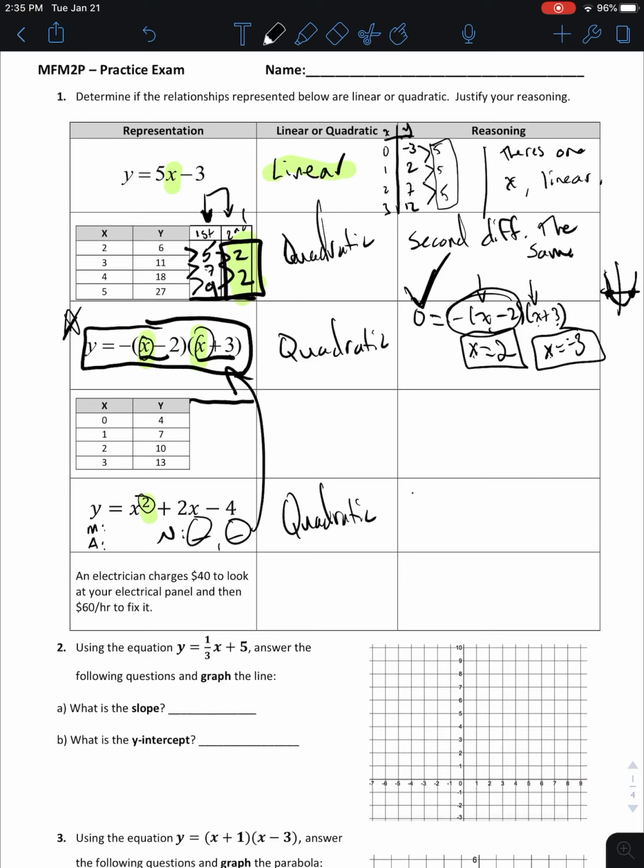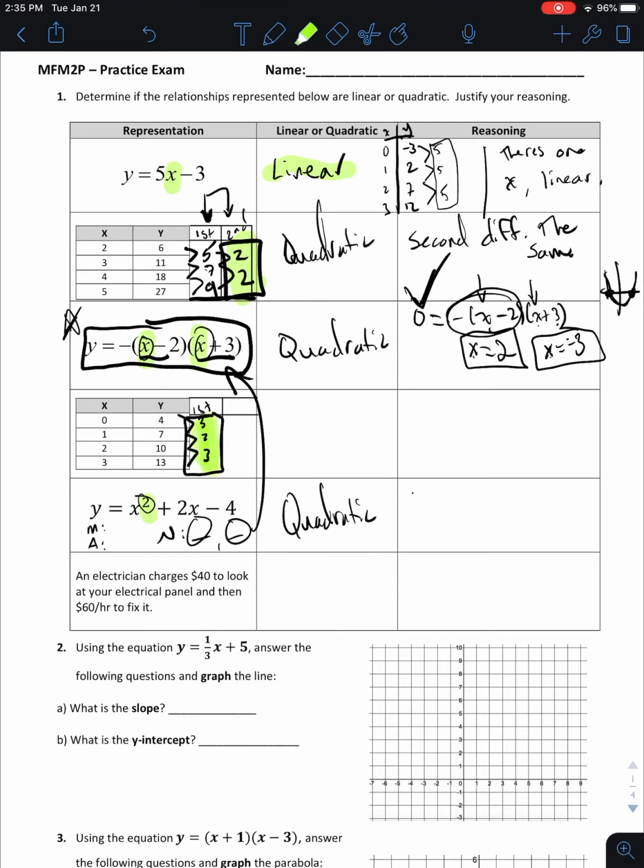Okay, and then I can come down here and do this one. This one looks kind of easy, or easier than the other one. You can kind of see the pattern right from the beginning, right? So I can see just by looking at this quickly, right? I'm going to increase by 3, 3, 3, right?